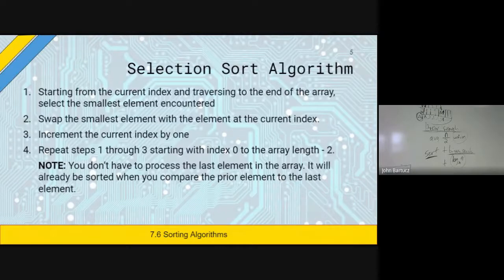Go to the next element, do the same thing. Go to the next element, do the same thing, until you get to the second last item, because once you've gotten to the second last item, you know that the last one is already in the right position. So it saves you one step. Not a lot, but hey, we'll take it.